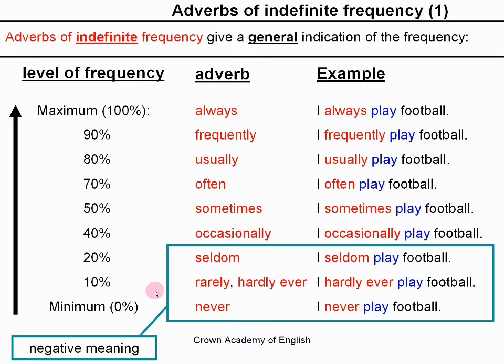Then if the answer is no, you would say, no, I seldom play football. Or no, I rarely play football. So these lines, they are negative in meaning. And all the others have a positive meaning. Okay, that's important. Okay, so these are the adverbs of indefinite frequency.